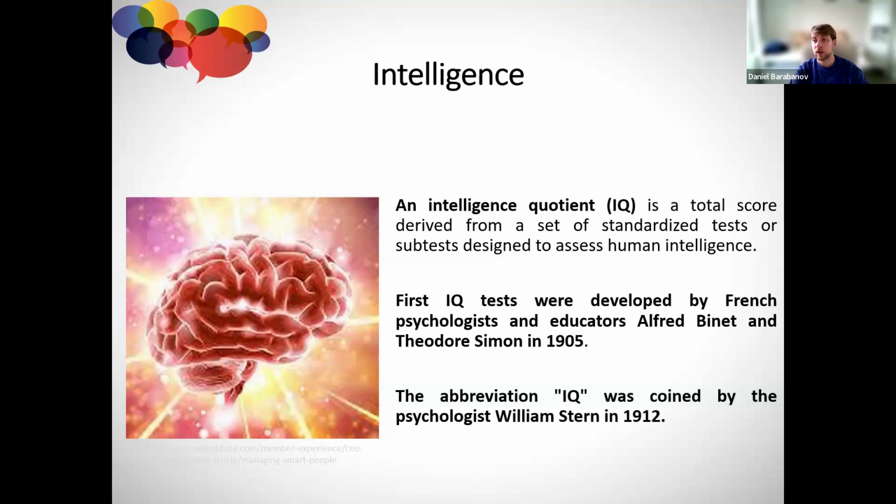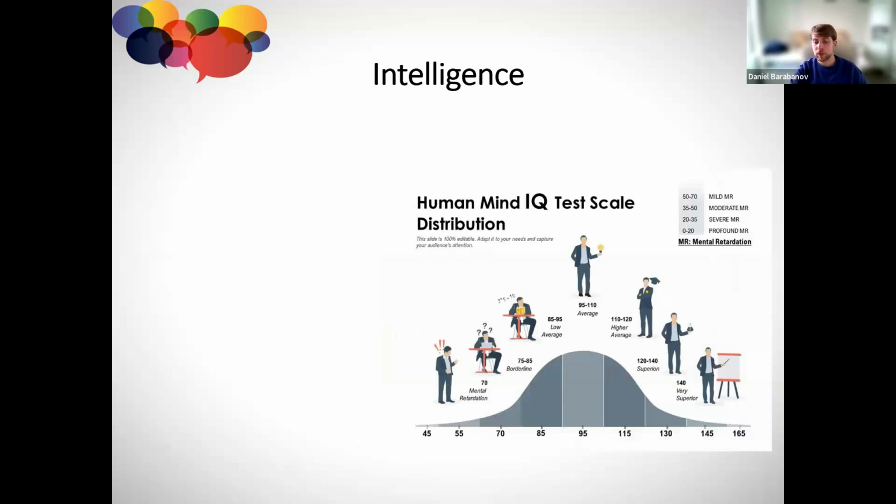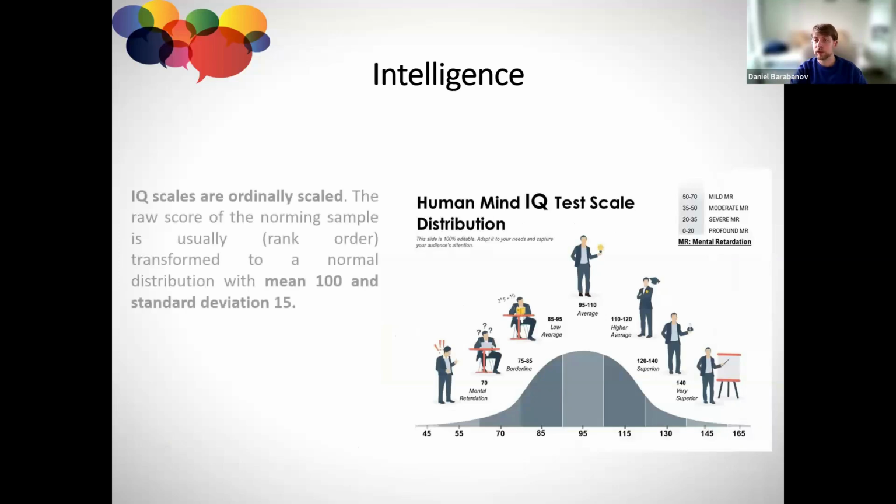So we have many tests and revisions which measure different aspects of IQ. The abbreviation IQ itself, intelligence quotient, was introduced in 1912 by psychologist William Stern. This is an interesting fact which not all psychologists actually know, but William Stern coined this term. Usually IQ is measured in standardized scales with a mean score of 100 and a standard deviation of 15.